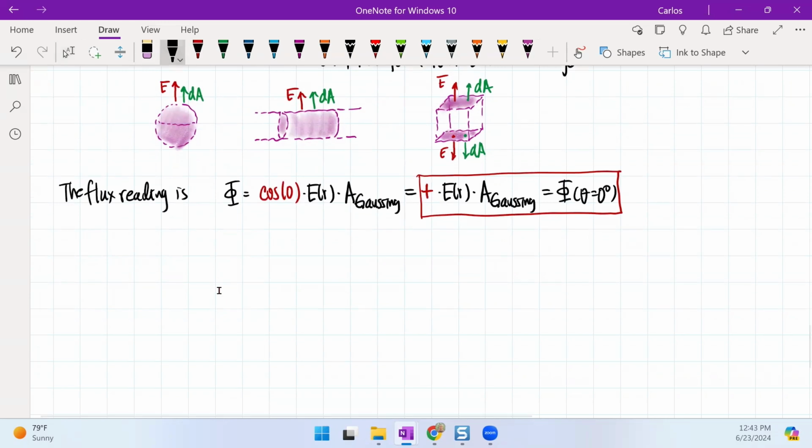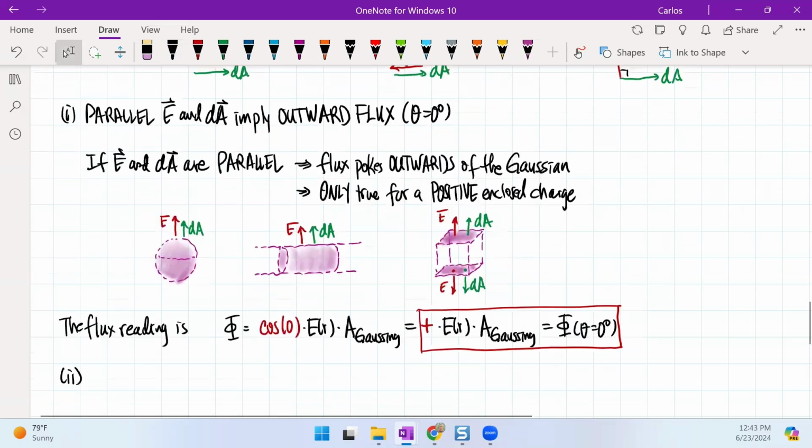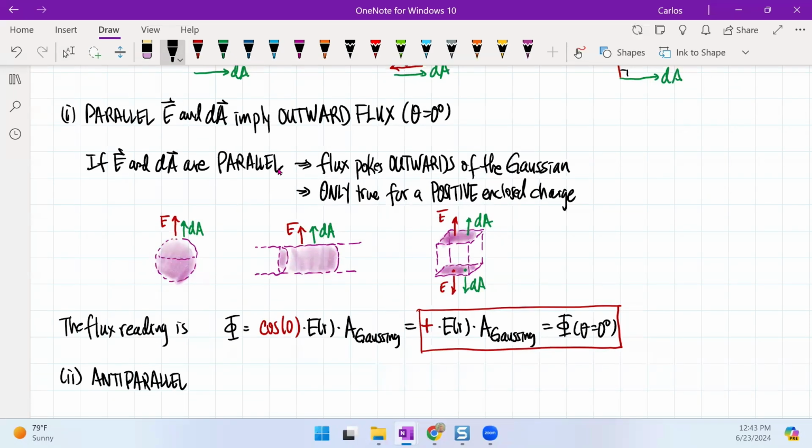So here, we're picking, in this situation, we had what? We had parallel, now we have anti-parallel. E and dA, and that really tells us that theta here is 180 degrees.